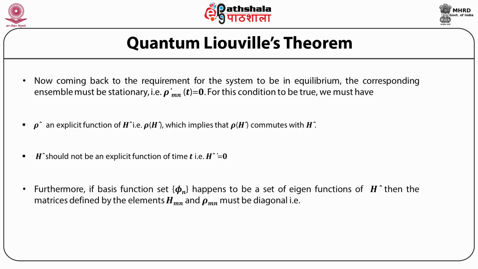Furthermore, if basis function set phi n happens to be a set of eigenfunctions of the Hamiltonian operator H, then the matrices defined by the elements Hmn and rho mn must be diagonal.